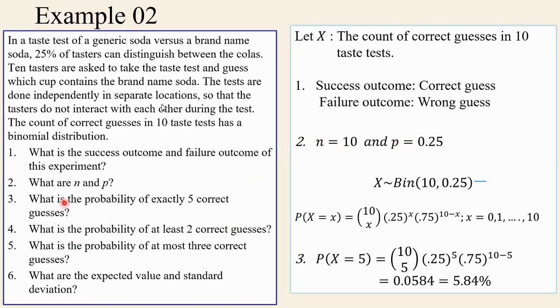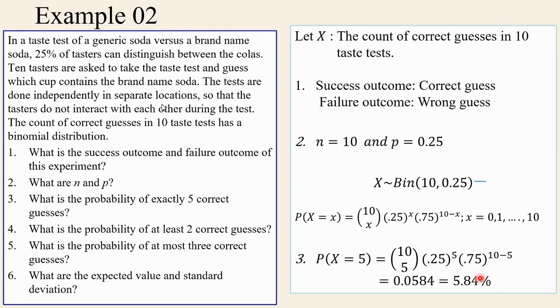To calculate the other answers, we have to write this. What is the probability of exactly 5 correct guesses? Exactly 5, so P(X = 5). Instead of small x, now we write 5. Then use the calculator, apply the formula, and that gives 5.84%.